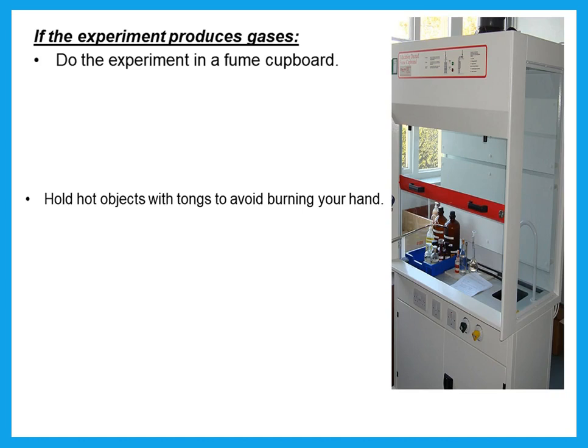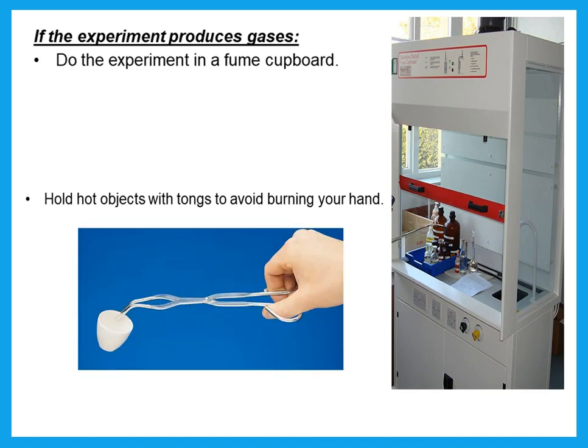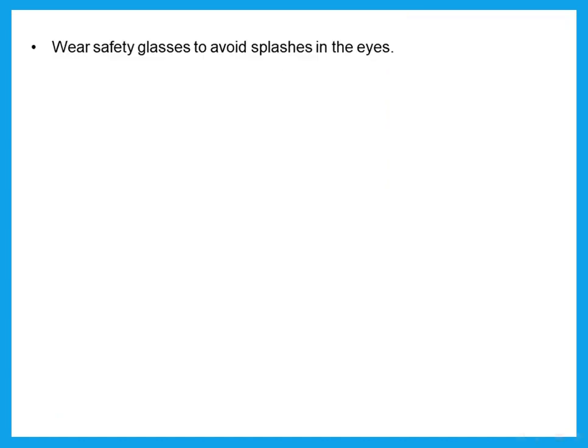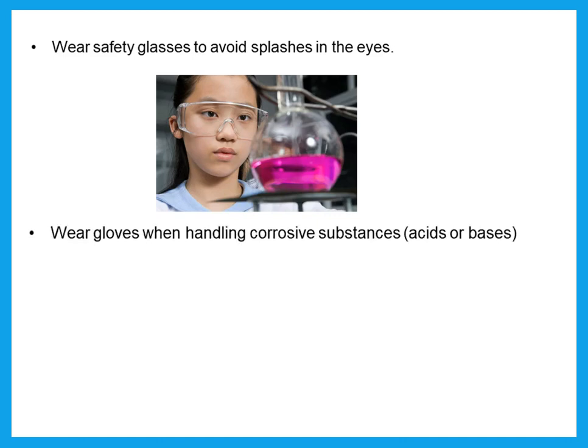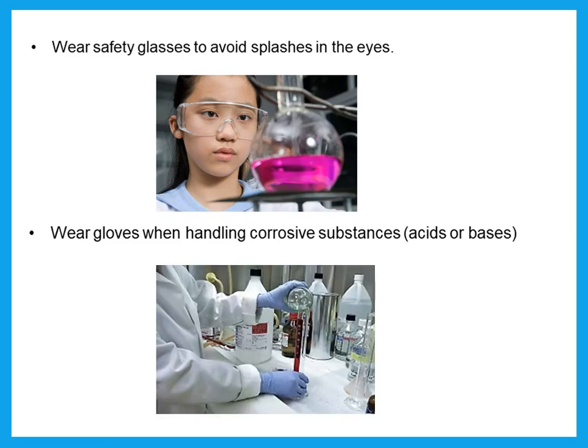If not, then I see, are we heating something? Then hold the hot objects with tongs, of course, to avoid burning your hand. Nothing of that, then I can say wear safety glasses, especially if I am heating something or I have something that is bubbling. If I'm using acids or bases, then you should know that an acid and a base are corrosive.